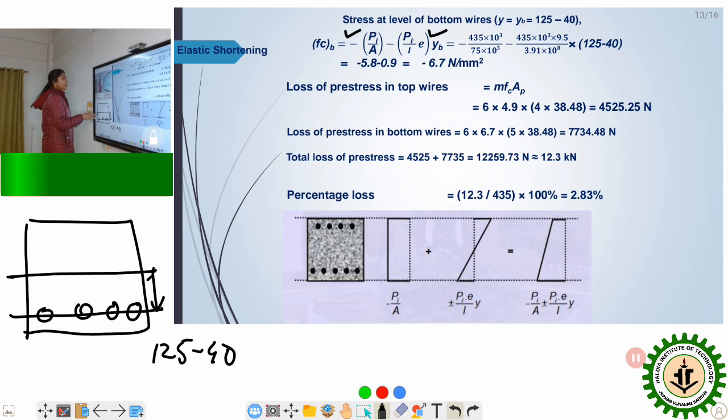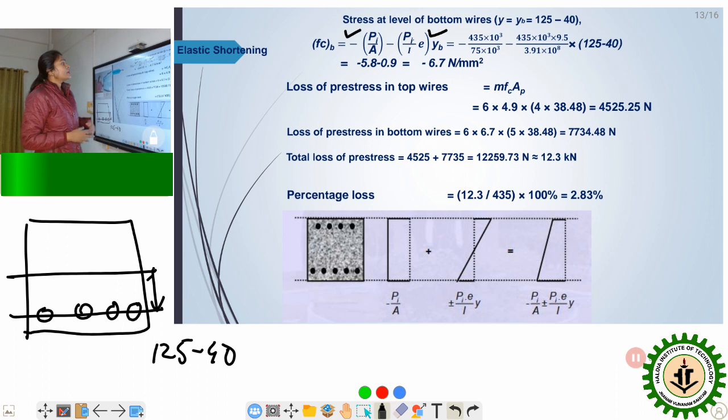So at the bottom fiber, both the stresses will be compressive, the stresses generated due to the eccentricity as well as the axial stresses. Here we are getting minus 6.7 Newton per mm square. So now what have we got? We have got the stress at the level of the bottom wires as well as at the top wires.